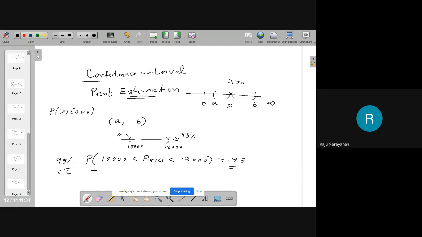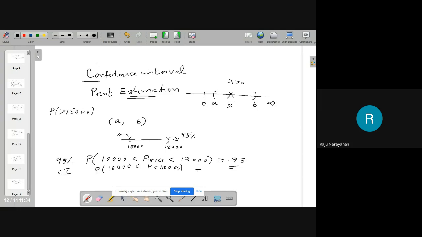And if you say that the value is between 10,000 and 11,000, here it is 10,000 and 12,000. The length of that interval is 2,000. Here the length of this interval is 1,000.